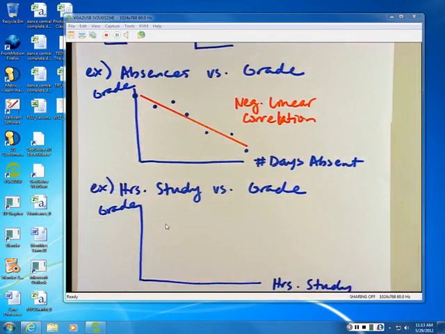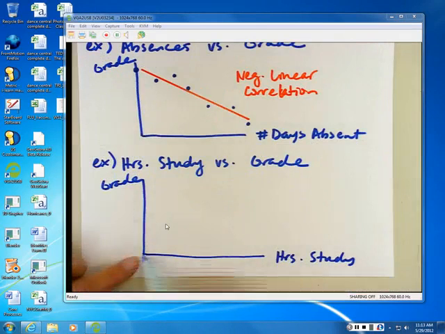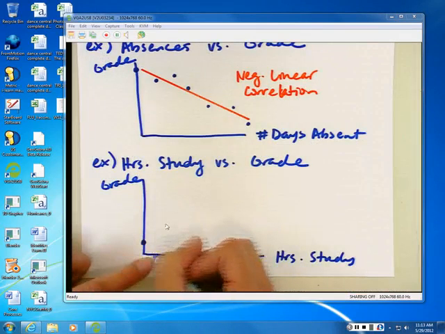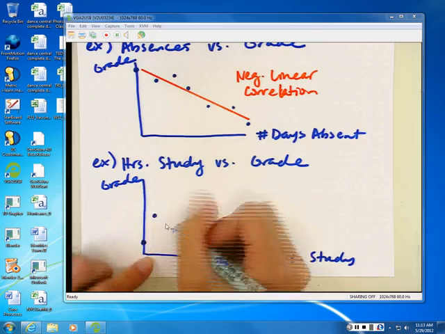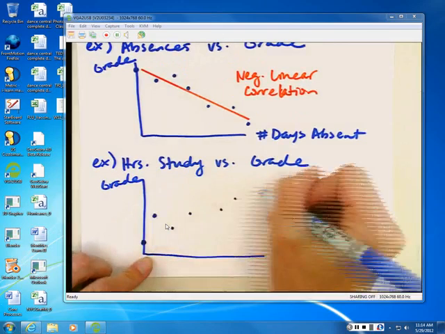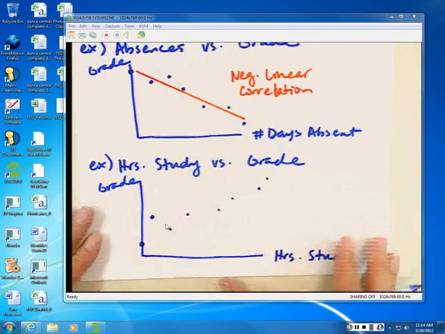So I would expect, in general, not for everybody, but in general, the more a student studies, the higher their grade is going to be. Someone who studies hardly at all might get a low grade, or they might get a good grade, or not. But I would expect to see some kind of a trend here, that those grades in general are increasing.